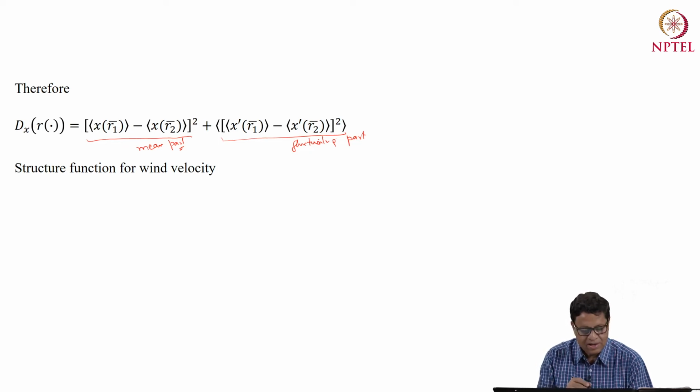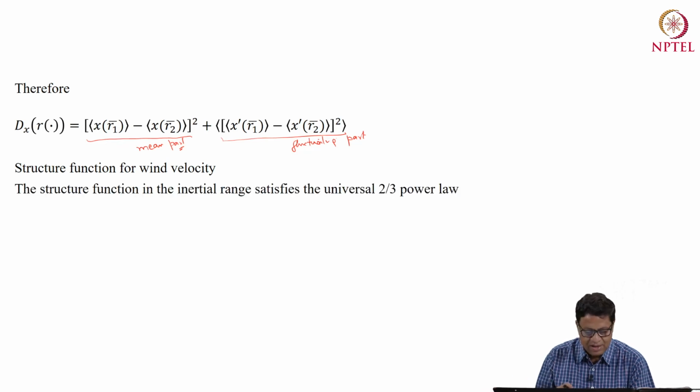For example, if I want to define the structure function of wind velocity, as I mentioned, this is in the inertial range, because this 2/3 power law is valid in the inertial range. There are two types of ranges, viscous range and inertial range, but this is valid when you are in the inertial range.